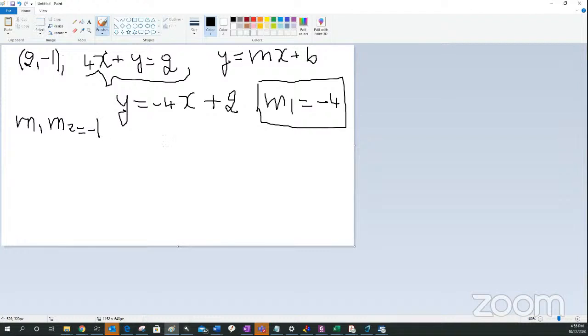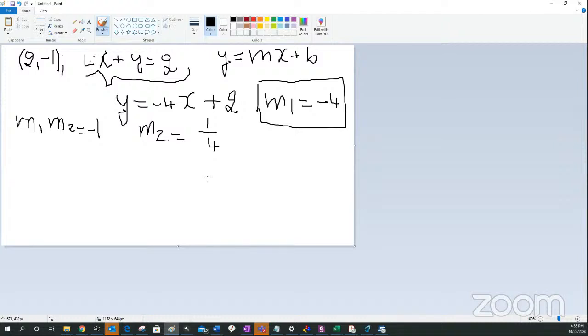So now let's use the slope and then do the equation through (2, -1). The required line must have a slope of 1 over 4 to be perpendicular to the given line. So for this line to be perpendicular to that line, the m2 must be 1 over 4, right?